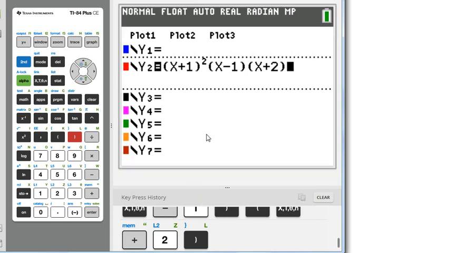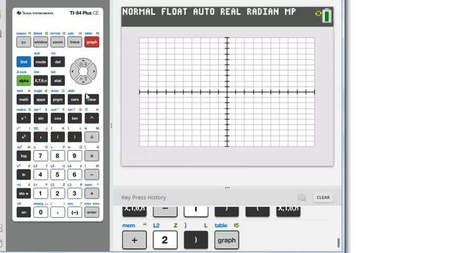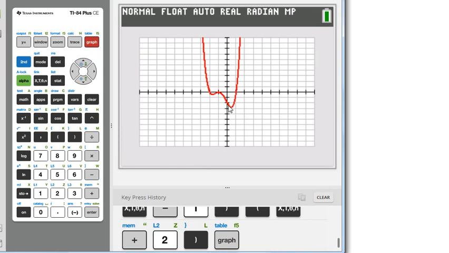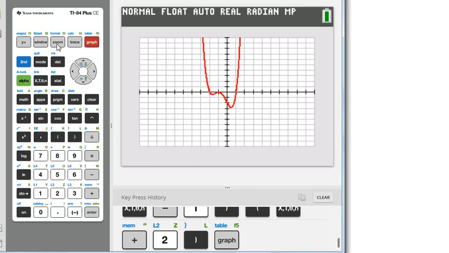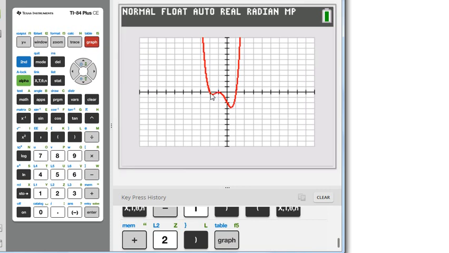So go ahead and graph this, and I think we have it with zoom 6. So how many turning points do we have here? Well, if we look very carefully, we can see we have 1 turning point here around where x is negative 2, and then 1 here where x is negative 1, and down here about where x is kind of close to 1, but between 0 and 1. So 3 turning points, and 2 of these are local, but this one over here on the right is an absolute minimum.